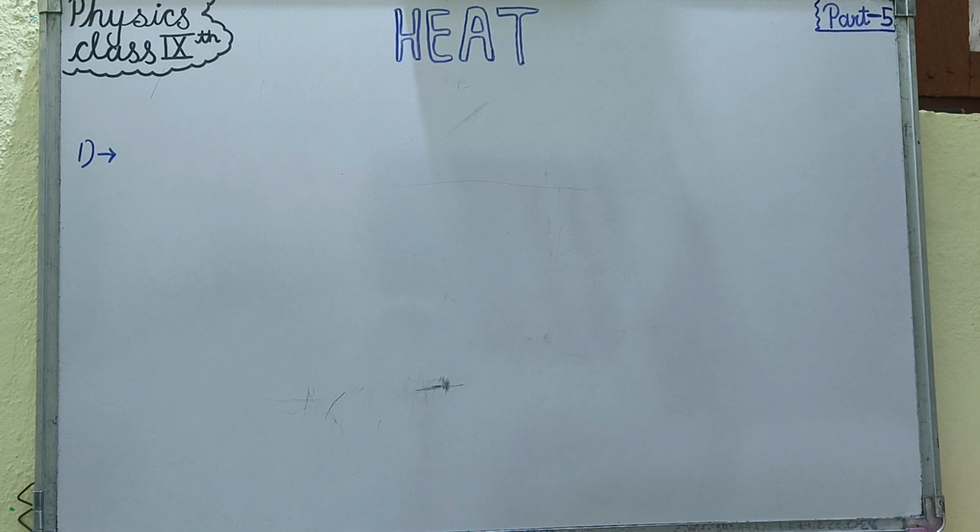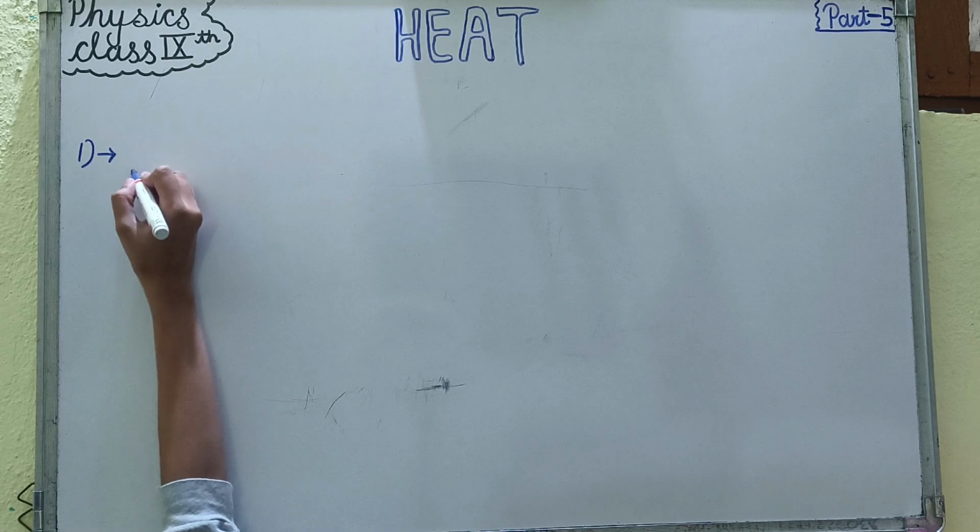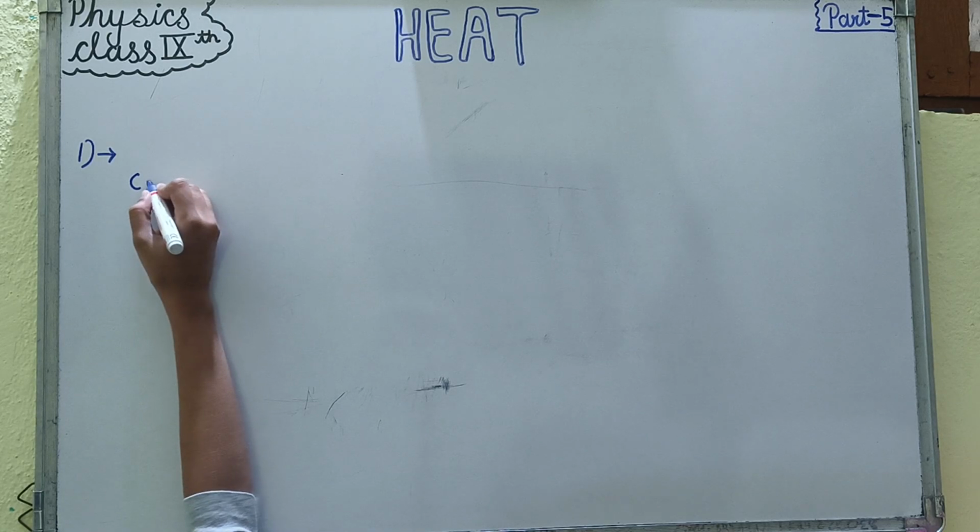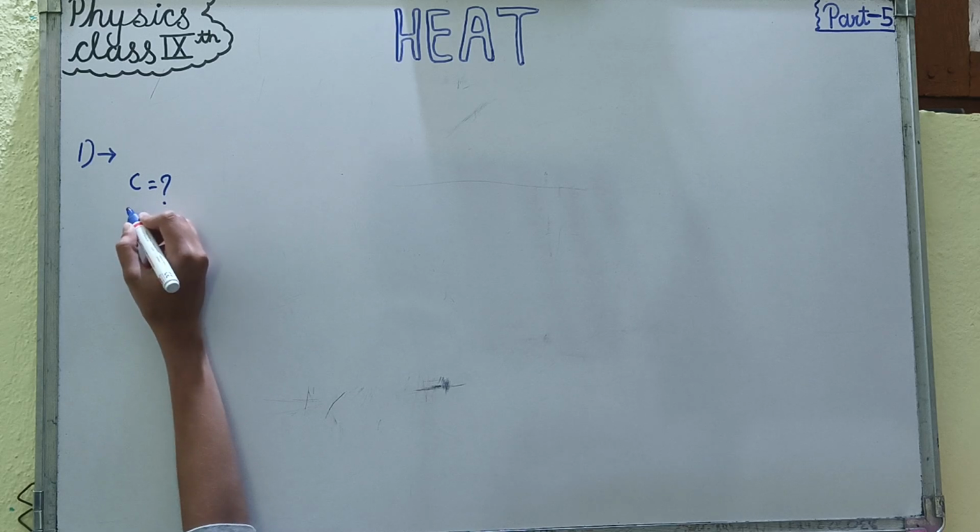First question is: calculate the thermal capacity of 1.5 kg of water. Specific heat of water is 1 calorie gram raised to minus 1 degree Celsius raised to minus 1. So thermal capacity C we have to find.